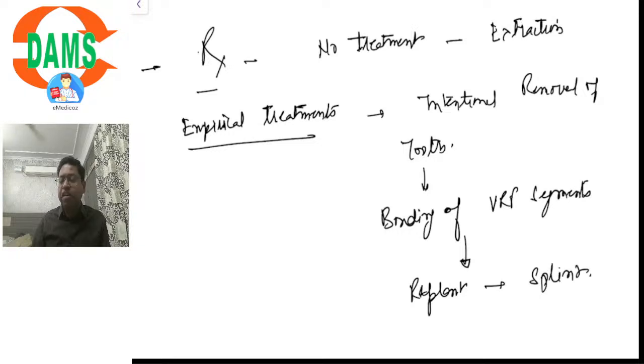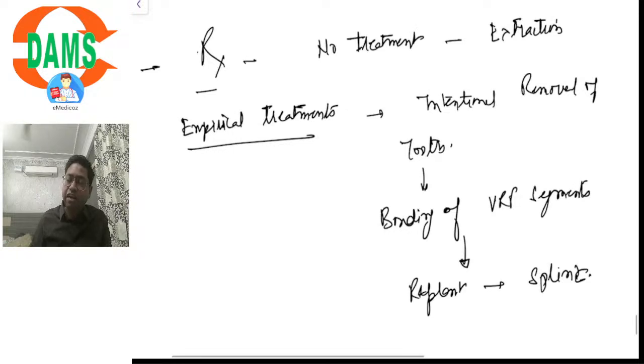But these are all experimental methods, not documented for long-term clinical survival. These are empirical and experimental. The only possible way of relieving the patient's symptoms and preventing further bone loss would be extraction of the tooth.